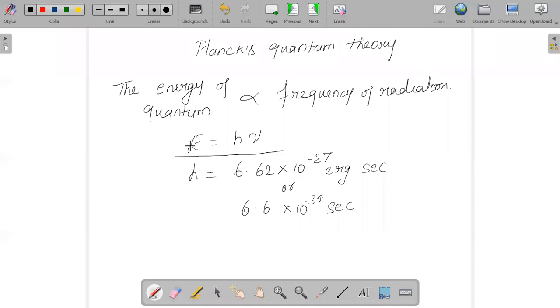And when we say E is equal to h nu, as we all know, h is the Planck's constant and nu is the frequency of radiation. This is a standard value, hence you should remember the Planck's constant, and do focus on the unit of Planck's constant which you are using.